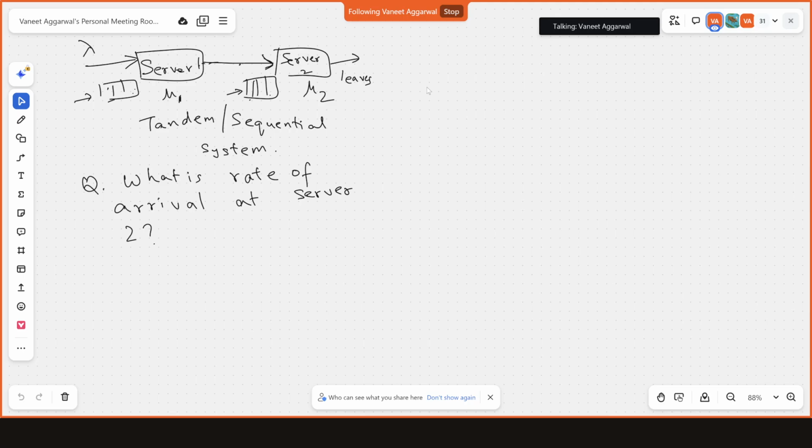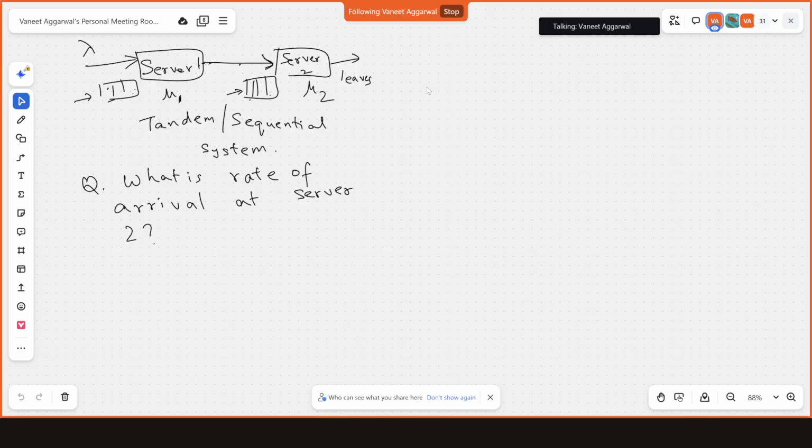The first shop processes them more or less instantaneously, like mu is very, very large. So if the first shop processes them instantaneously, then what will be the rate of people coming into the second shop?